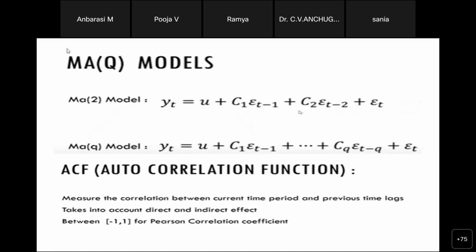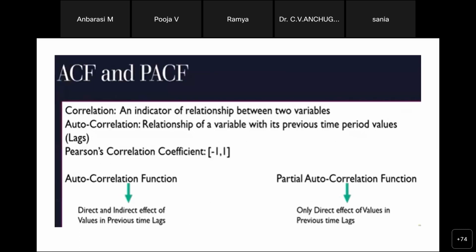Generally for moving average, they go for the autocorrelation function to identify how far one attribute is closely related to another attribute. We also have the partial autocorrelation function, which will be used for the autoregression. Just now I told you, correlation is generally used to identify how closely two variables are related to each other.